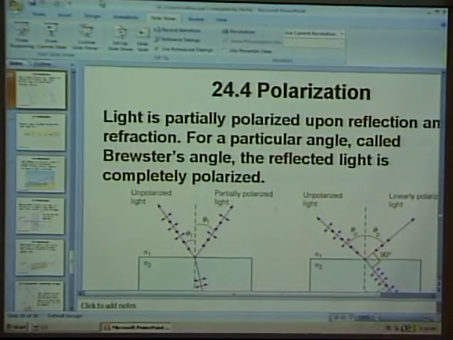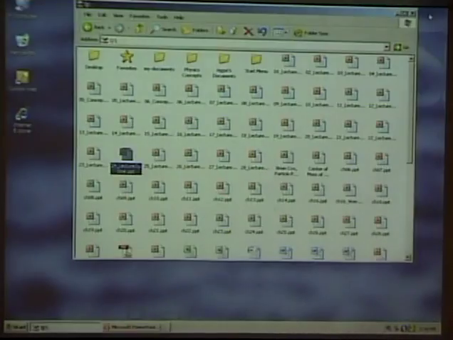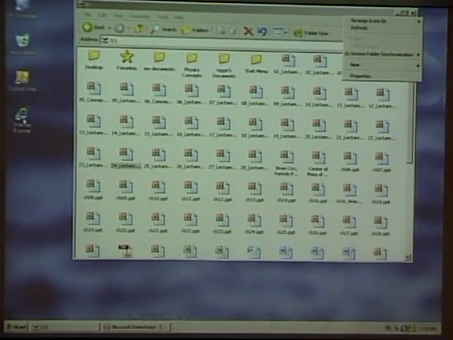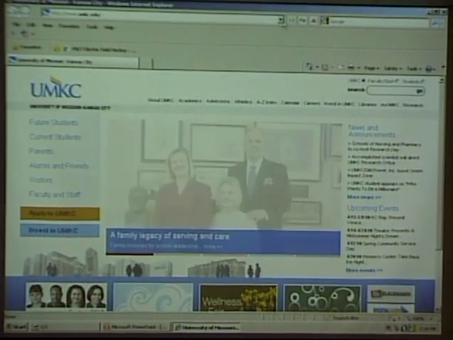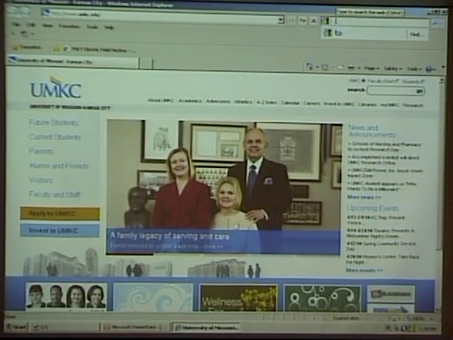One of your homework questions. Now, you're going to have to bear with me here for a second because I'm going to have to call this up. Go to good old Mastering Physics here.